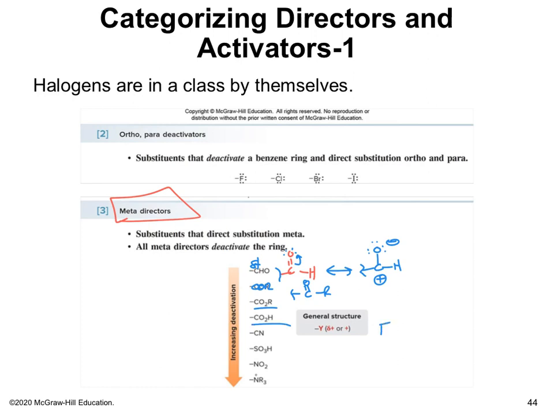Nitrile, if you drew out the structure of nitrile and did the resonance structure here, it would give the carbon a positive.